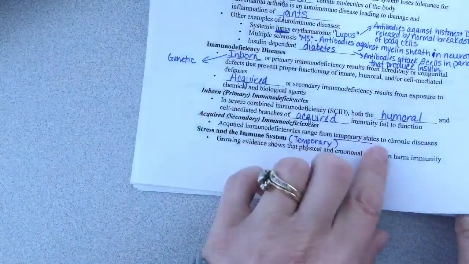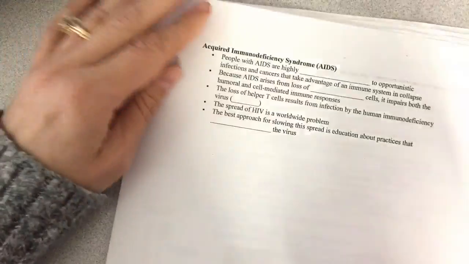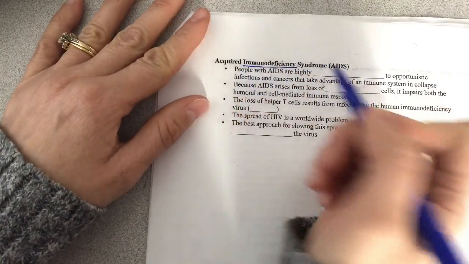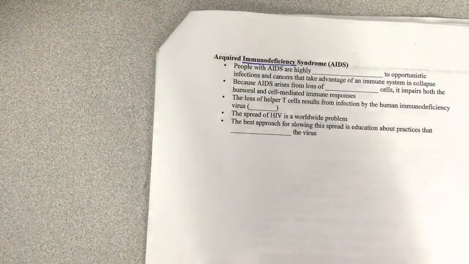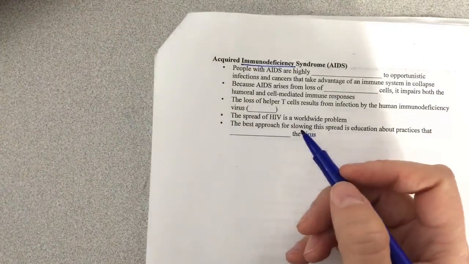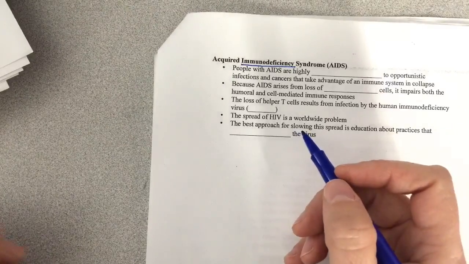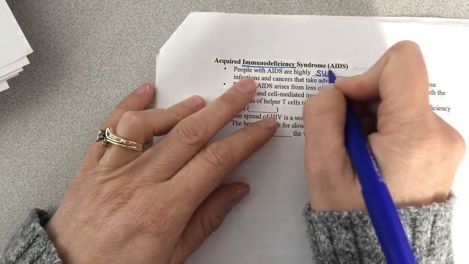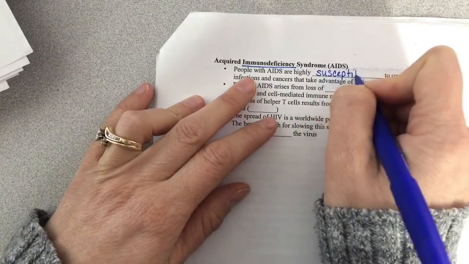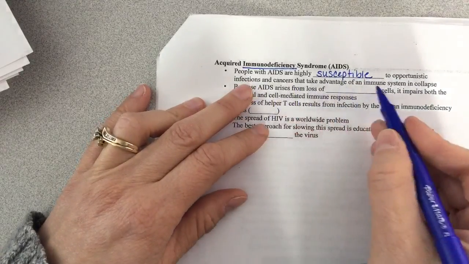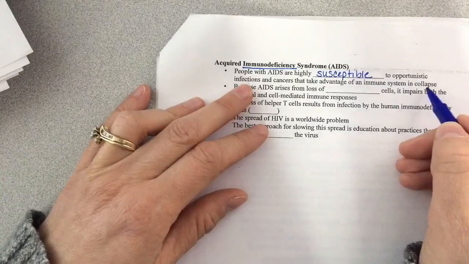The second thing is the chronic diseases. So if we flip our sheet over here, AIDS, acquired immunodeficiency syndrome. It has the word immunodeficiency in it. This is something that some people acquire during their lifetime from a virus, the HIV virus. So people with AIDS are highly susceptible to opportunistic infections and cancers that take advantage of an immune system in collapse.